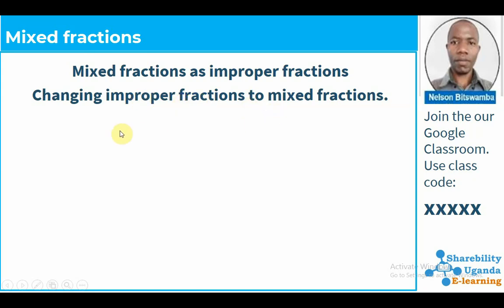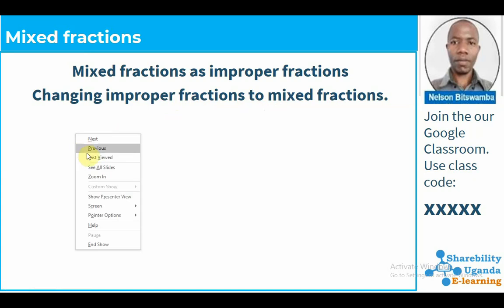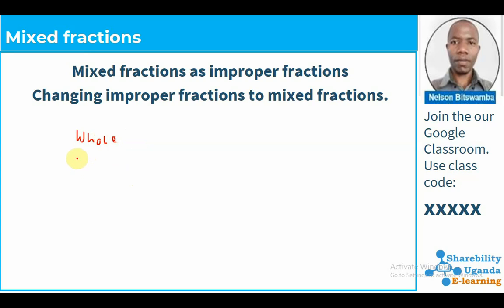When they talk about a mixed fraction, what do they mean? They simply mean fractions that have a whole number. Last time we looked at how we define this whole.